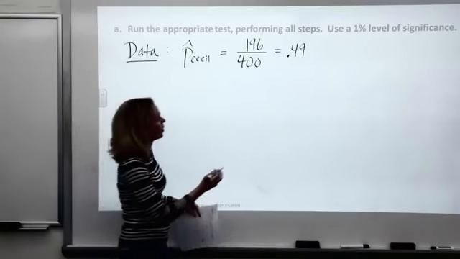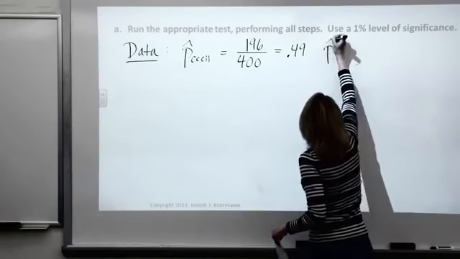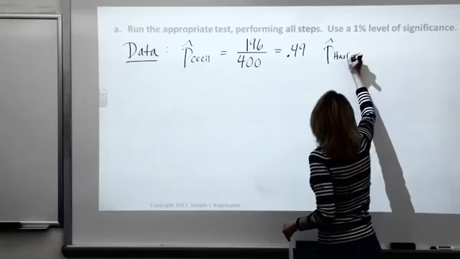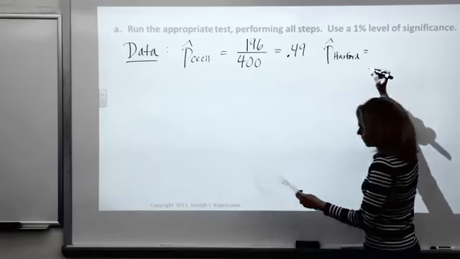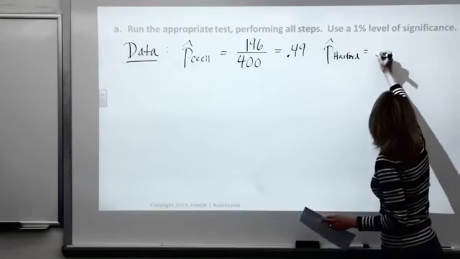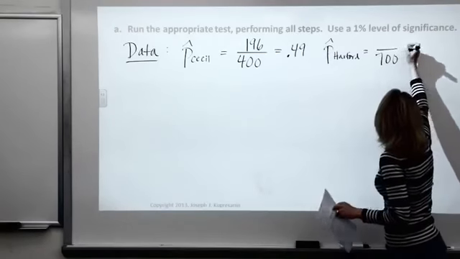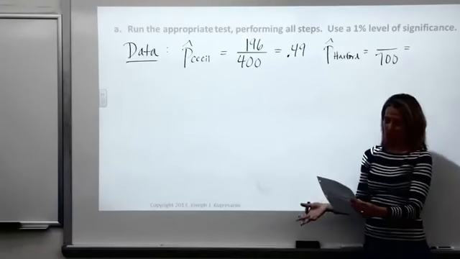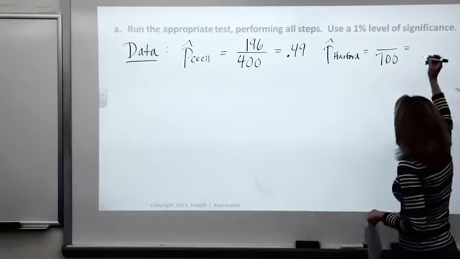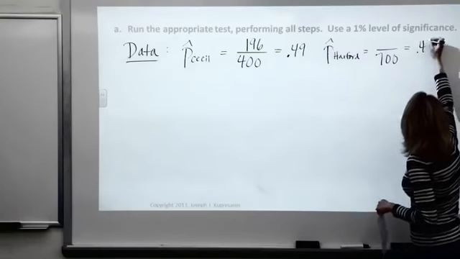Same thing, we could look at Hartford. There we looked at 700 students, and out of them 46% had a GPA of 3.0 or higher.